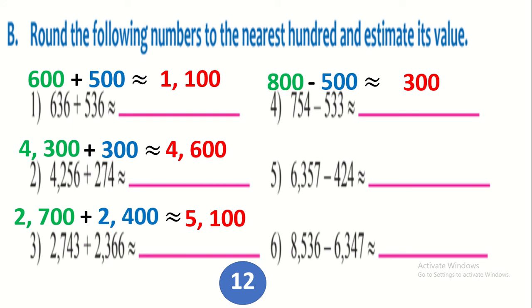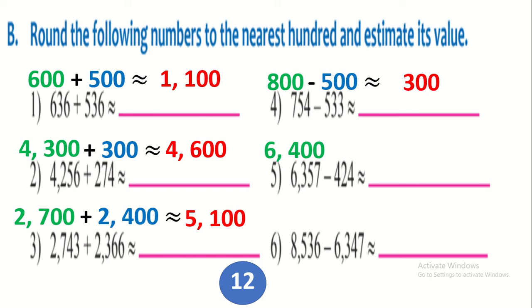Students, next is number 5. Number 5 is 6357 minus 424. You round this number to the nearest 100 is 6400.